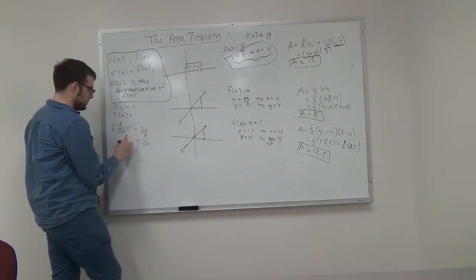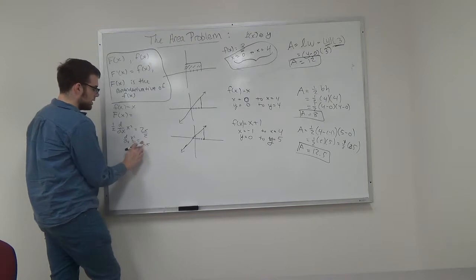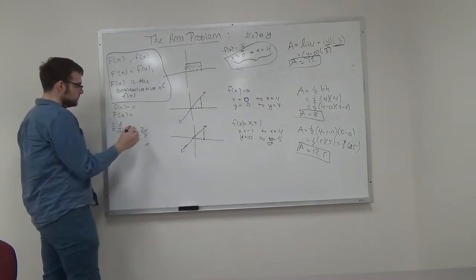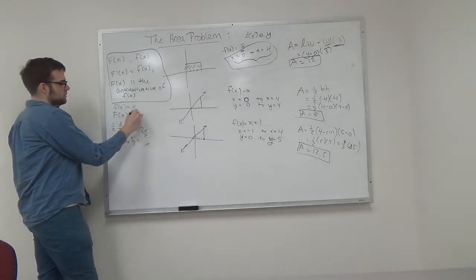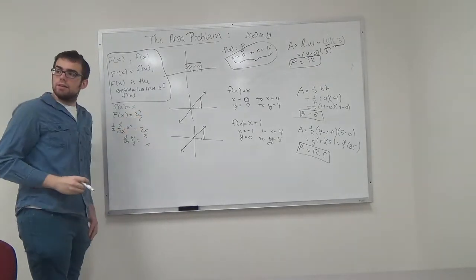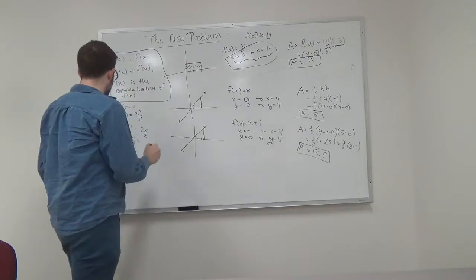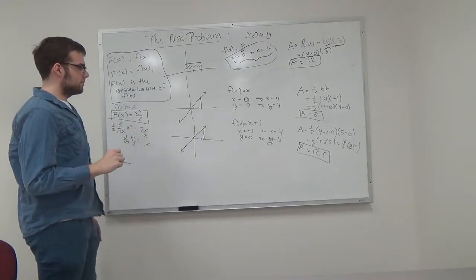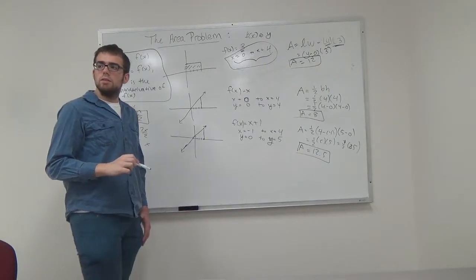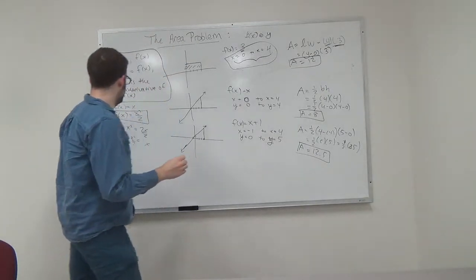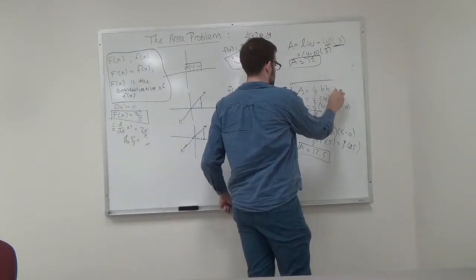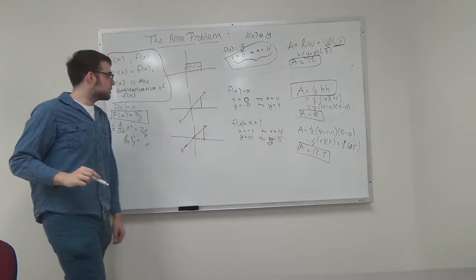So the derivative of x squared over 2 is equal to x. So we can rewrite this as x squared over 2 is our function. Let's go from here to our area expression.